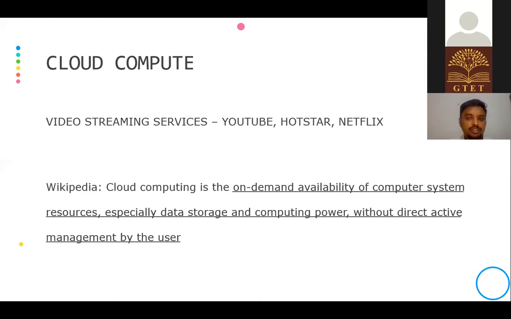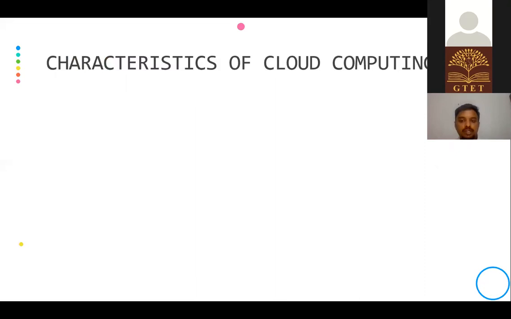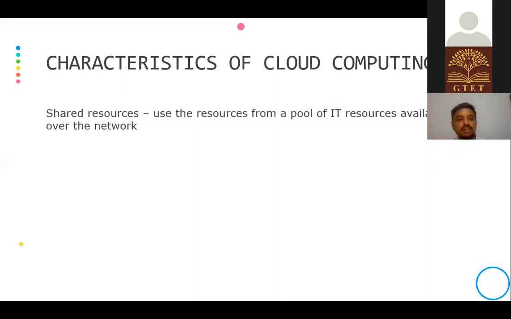Before we move on, let's look at some of the characteristics of cloud computing. An important characteristic of cloud computing is shared resources. Cloud computing uses resources from a pool of IT resources available over a network. What does this mean, right? What are IT resources?